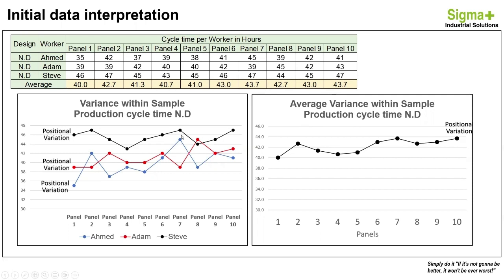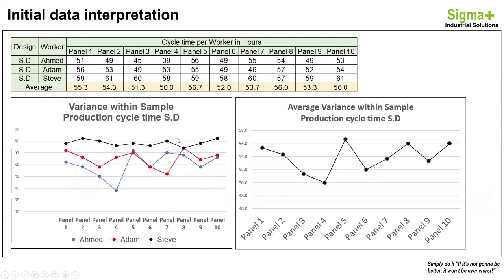But I am much more interested in the left figure, which has given me a lot of indications about the lack of standardization, right? But again, we can do the same thing for the south design, okay? If we look at the right figure for the south design, what can you see?